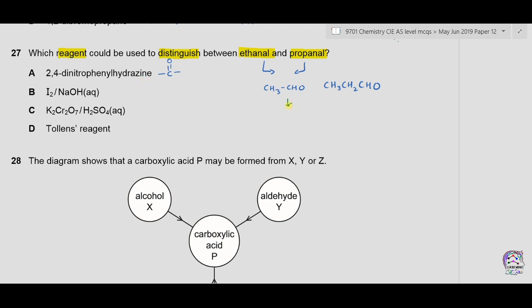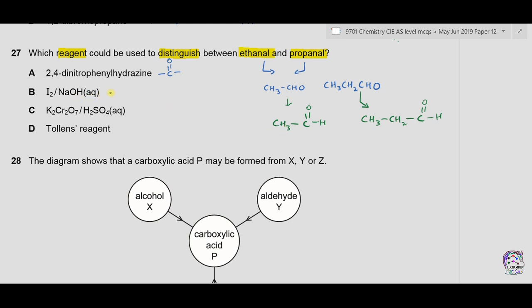We can draw the structure of ethanol like this: CH3, C double bond O, H, and propanol will be like this: CH3, CH2, C double bond O, H. Now B is the iodoform test, with iodine and sodium hydroxide.